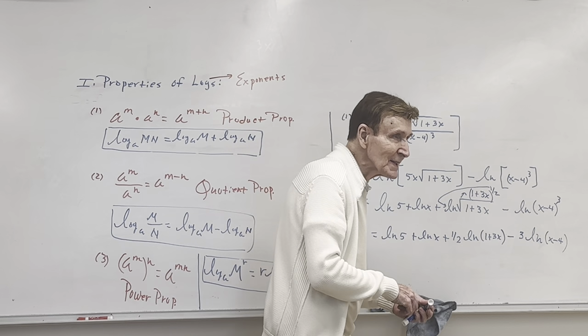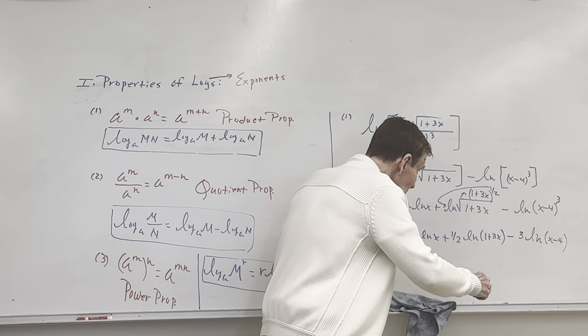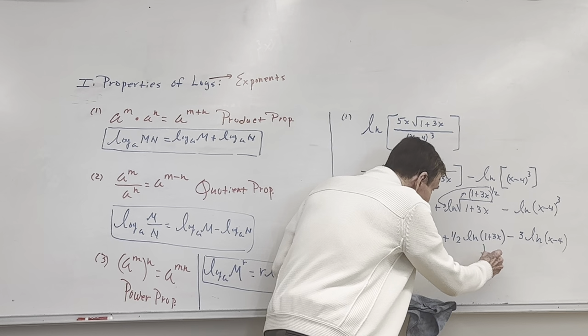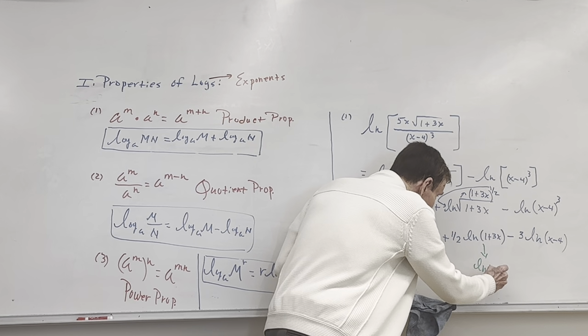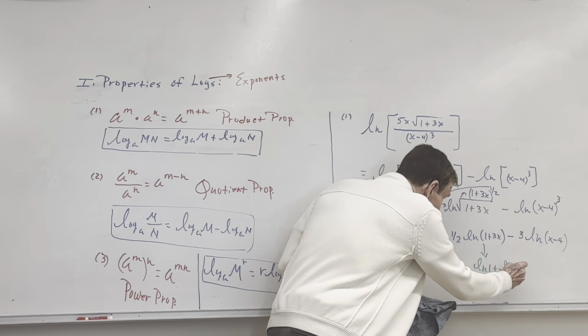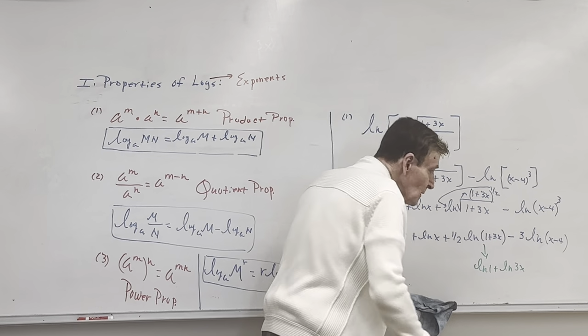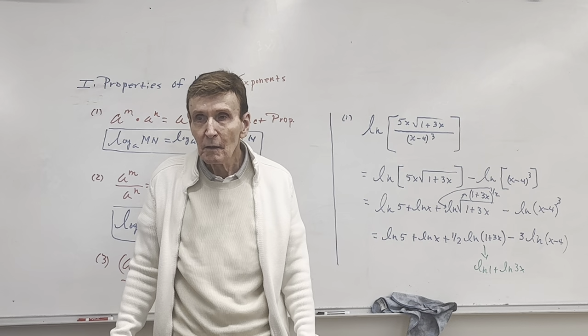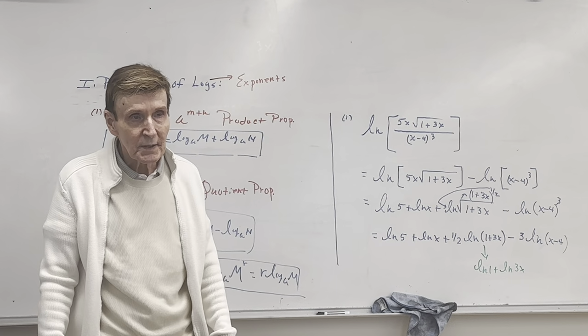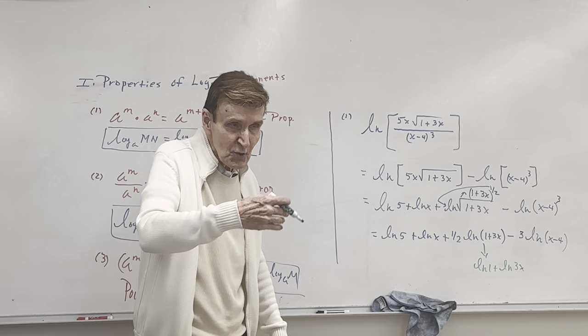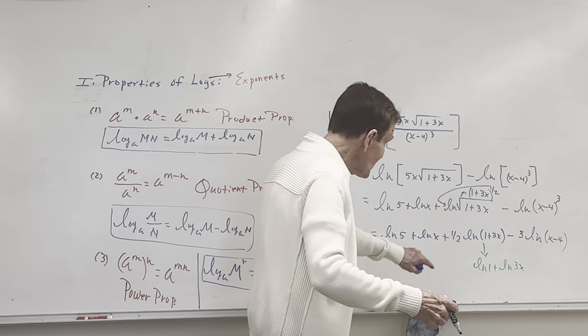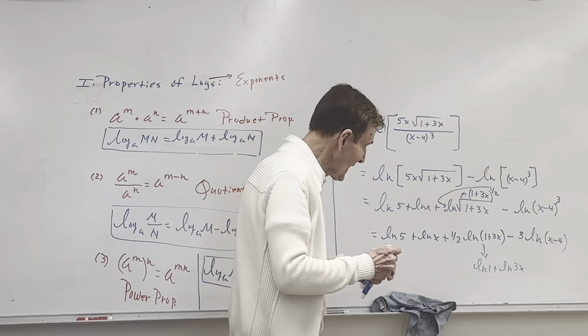One thing that some students are tempted to do, and you can't: they say, Professor, why not go a little further and break this one up into, for example, ln 1 plus ln of 3x? I'll see them do that, like a distributive property. Why not distribute ln on 1 plus 3x?